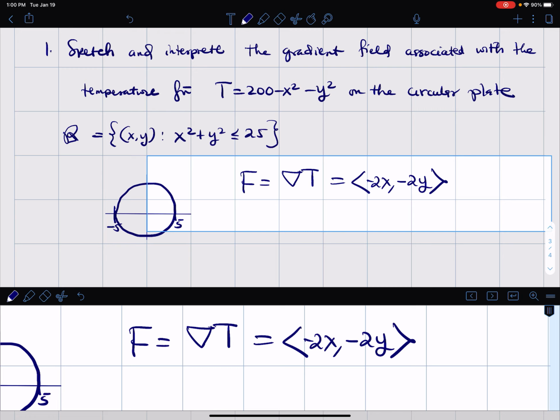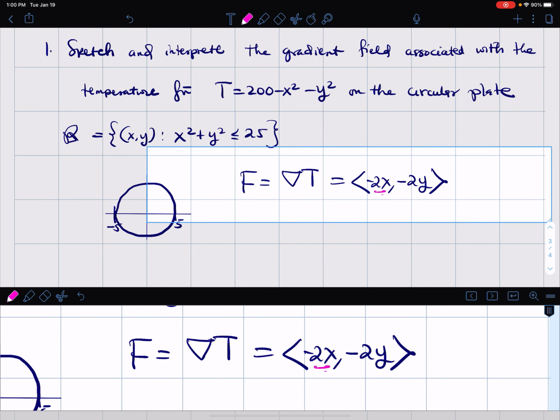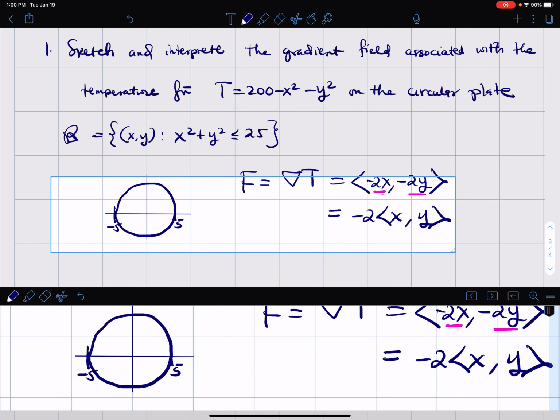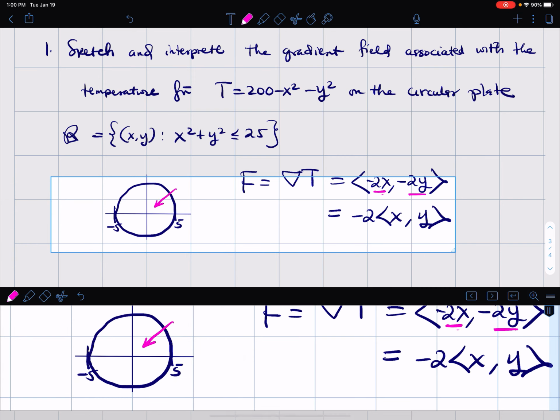I'm just taking the derivative with respect to x and the derivative with respect to y. So look at this, this is actually a radial field. This is negative 2 times <x, y>. Since it's a radial field and it's negative, everything is pointing inwards.